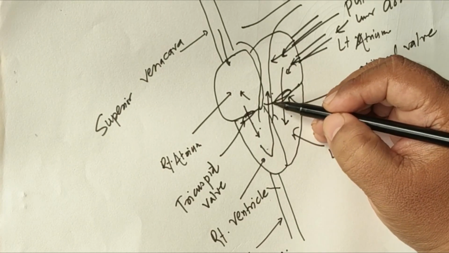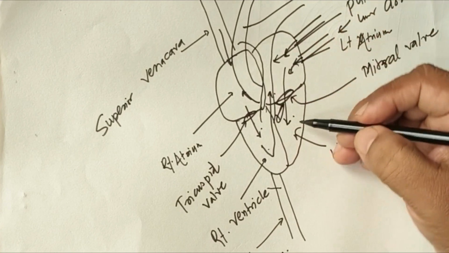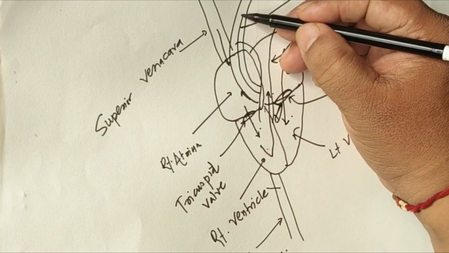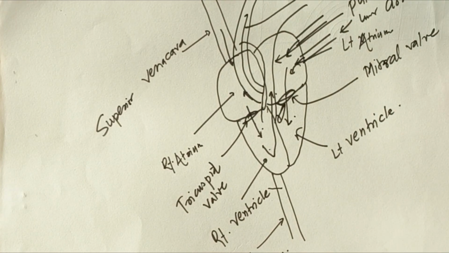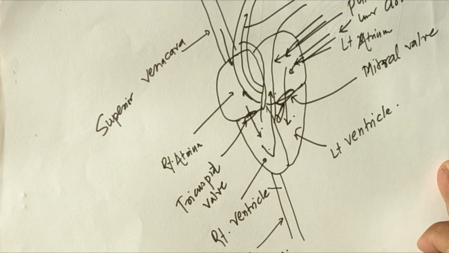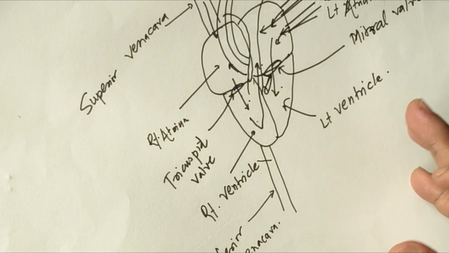Then an aorta that emerges from the ventricle, behind the pulmonary aorta, carries the blood to all parts of the body. Now this is the aorta. This is the rough thing that happens. We'll see this in detail after some time.